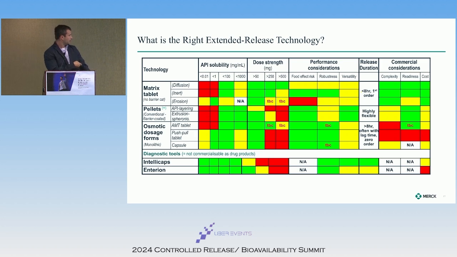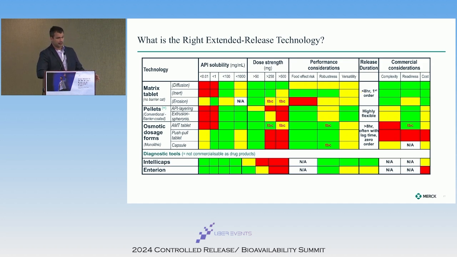You have your multiparticulates, and then your osmotics. So the first thing is just looking at your solubility. As you can see here, generally for most of these you need good solubility. The osmotics can somewhat handle the poor solubility, and this is, again, assuming you're not using a solubilization.